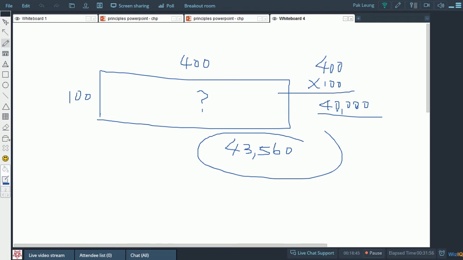43,560方尺. How do I memorize this number? 怎么记住这个号码? Any suggestions? 很简单, just remember 3, 4, 5, 6 in sequence, 顺着走.